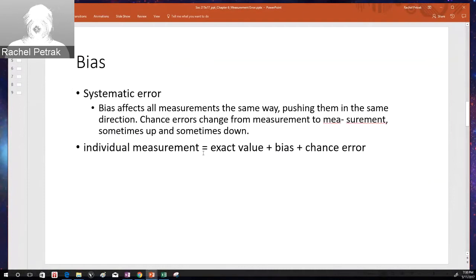So if you push all the measurements in the same direction, sure, your mean is going to go up by the amount of the bias. But it hasn't changed the distribution of the scores.